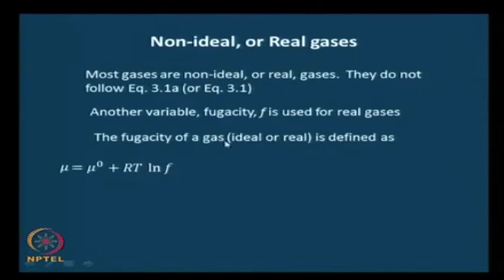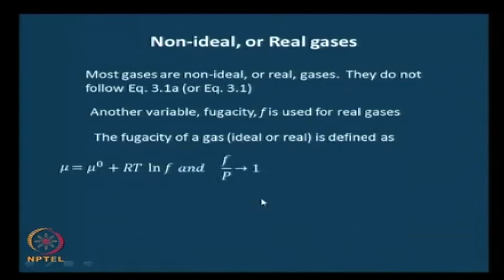A real gas formulation should include an ideal gas formulation, and therefore mu equals mu naught plus RT ln F, instead of RT ln P, should be able to define all gases.